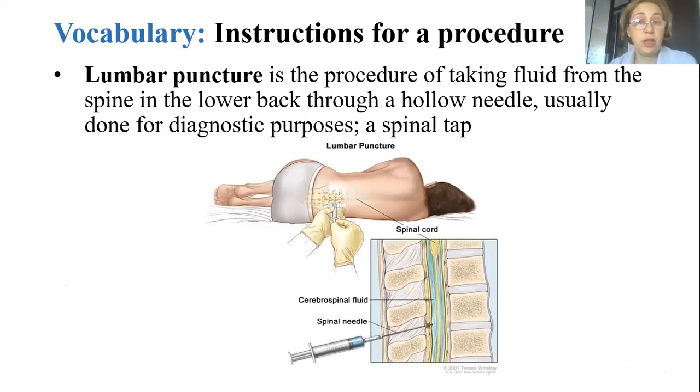This is a procedure of taking fluid from the spine in the lower back through a hollow needle, usually done for diagnostic purposes, a spinal tap. You can see here where the needle goes, and the posture of the patient during this procedure.